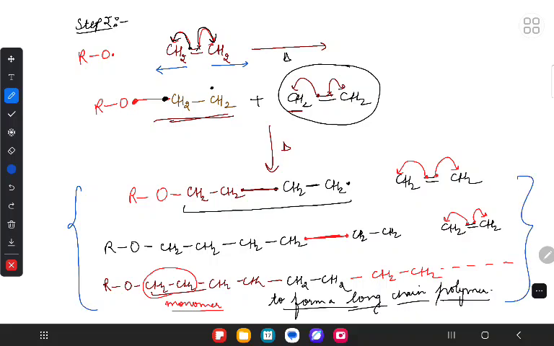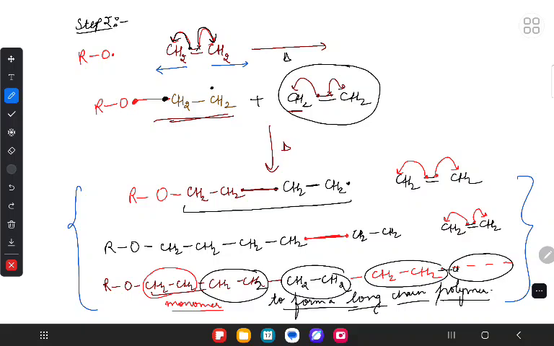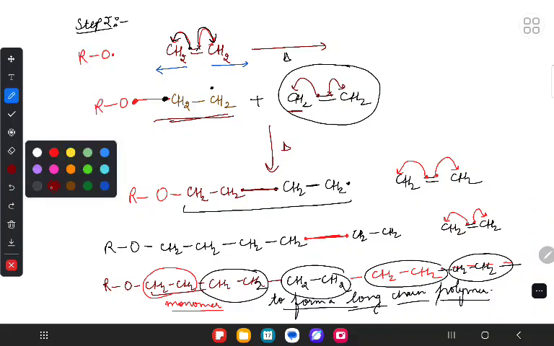So we have this. Understood or not? Yes. Got it? Yes or no? So this chain continues and continues and it keeps continuing.